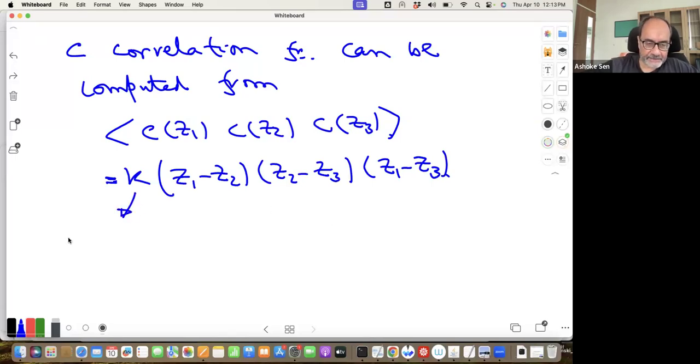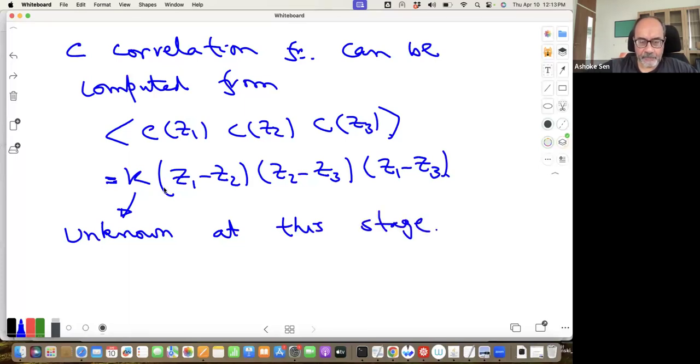K is unknown at this stage; we'll see later how to determine K. And I said that we cannot normalize it to 1, because for the closed string, when you had c, c, c, c̃, c̃, c̃, we could choose the normalization to be anything we like by adjusting the normalization of c and compensating the corresponding normalization of b, so that the bc OPE remains unchanged. But once you have done it for closed strings, you have no choice on this constant. So you have to keep it as a free parameter for now and determine it by consistency at the end.